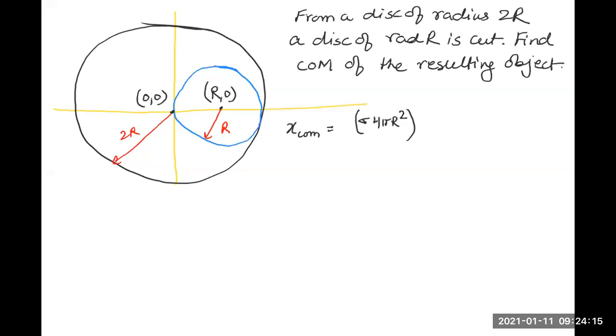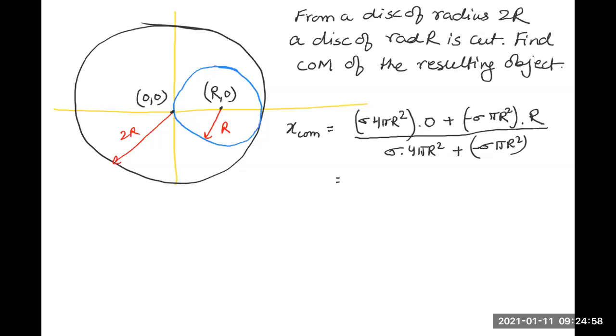That is surface mass density into the area of the black circle into the x coordinate of the center of mass of the black circle, plus mass density of the blue disk, which we will take as minus sigma, into the area of the blue disk into the x coordinate of the blue disk, divided by m1 plus m2.